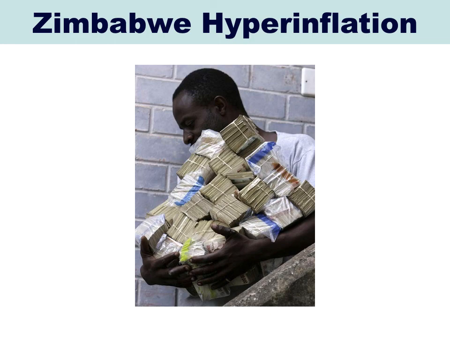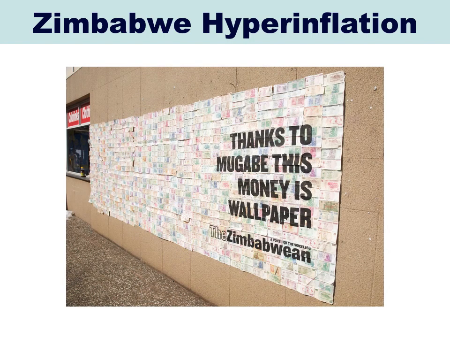Right? And here we see money being used as wallpaper. It's so worthless that if you were going to take all of this money to buy wallpaper, it would cover less of the wall. So it's better just to cover the wall in money.